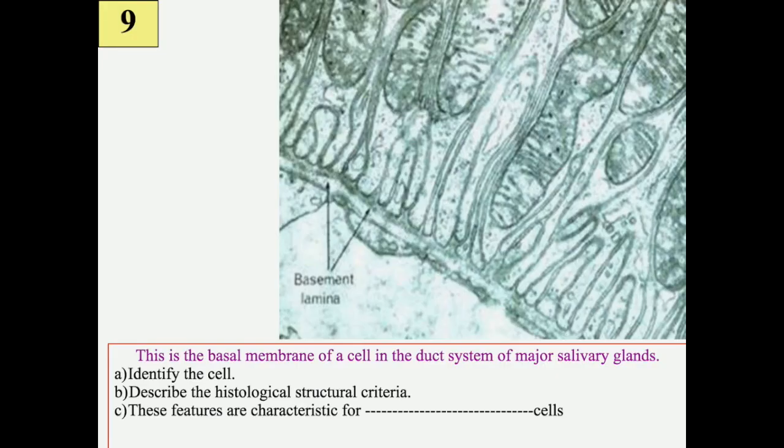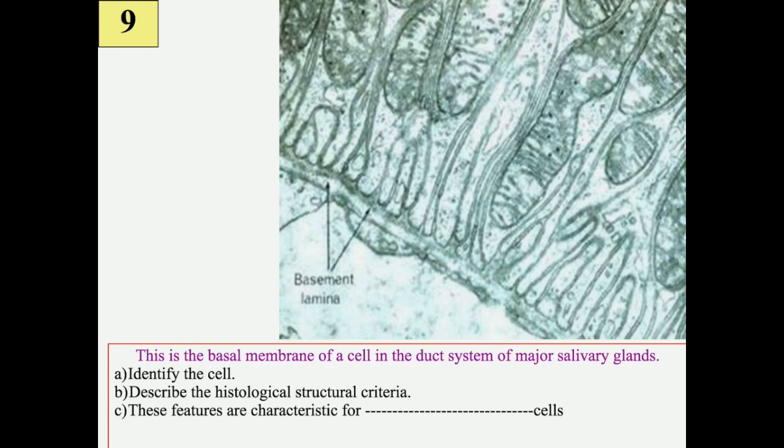This is a very nice EM picture demonstrating the cells of the striated duct or intralobular duct. This is the basal membrane of the cell in the duct system of a major salivary gland. Identify the cell. It is the cells lining the striated duct. Describe the histological structural criteria.